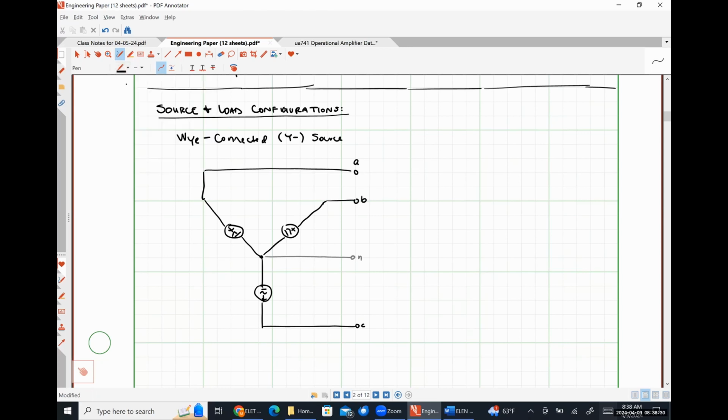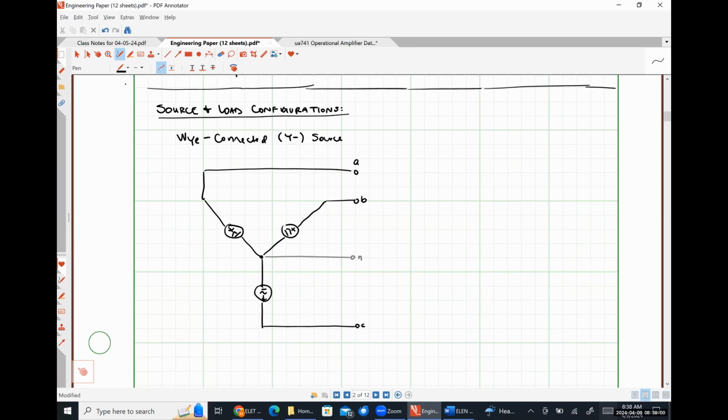So the purpose of a neutral conductor is to carry imbalance so that your phase conductors don't have to. Effectively, the presence of a neutral allows you to size your phase conductors slightly smaller than they would otherwise have to be, which is going to save money.